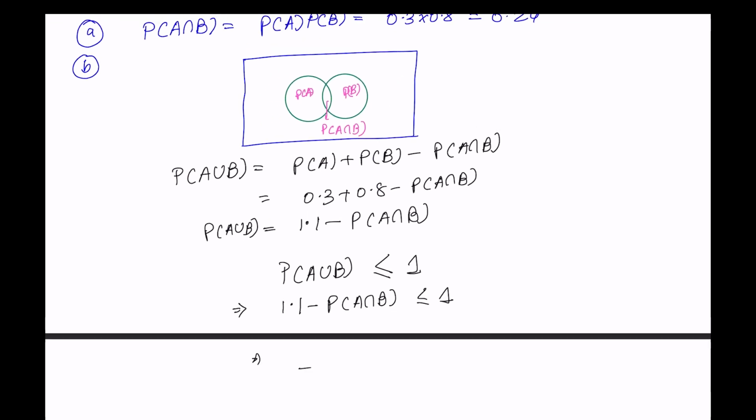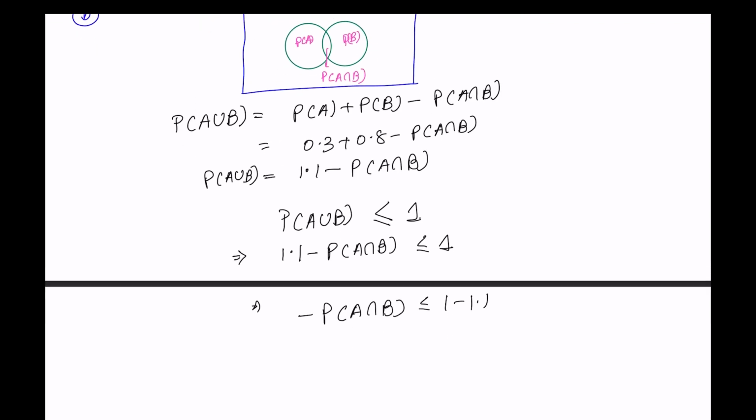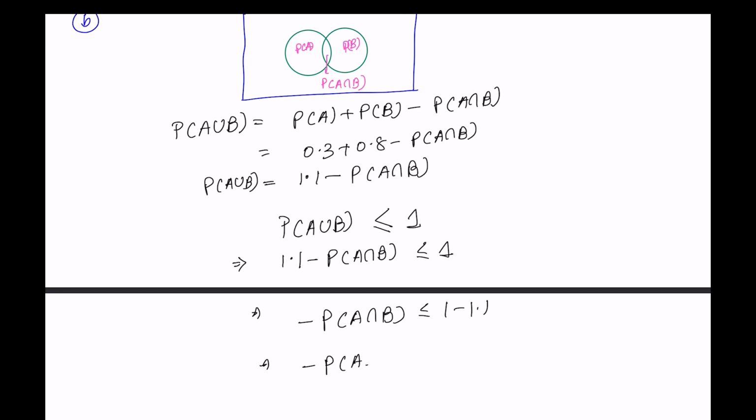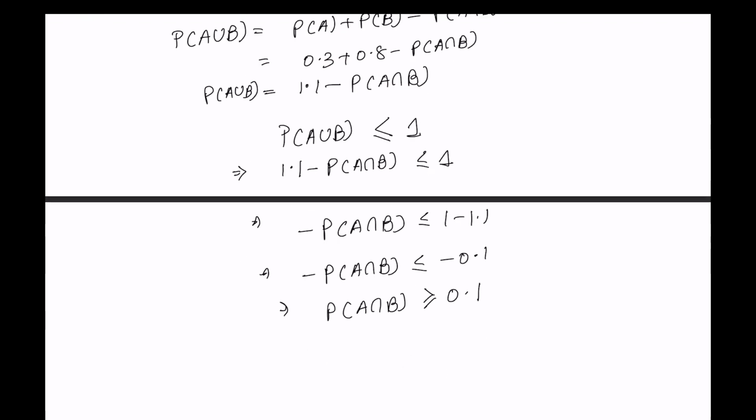And if I simplify this a little bit, minus 0.1, I can multiply negative on both sides. That will flip the inequality sign. So this is it. Therefore, the minimum possible value of P of A intersection B is 0.1.